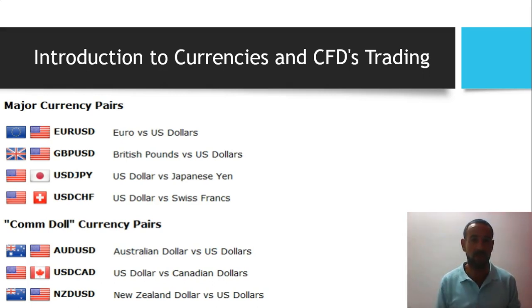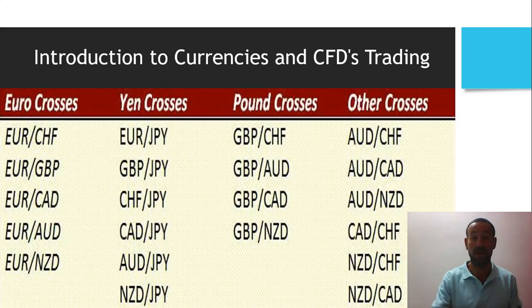If you take out the US dollar and begin to cross the other currencies, you'll have 21 more assets. So in total, we have these 7 in the majors group, but we also have these 21. Altogether, 28 assets, both in the majors and the crosses, which is the name of this particular group.